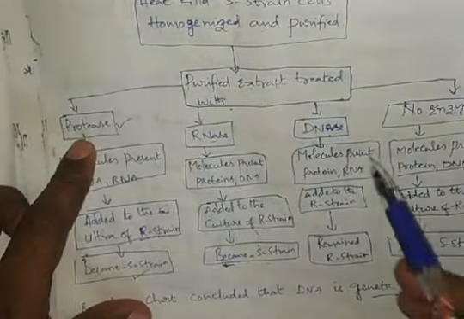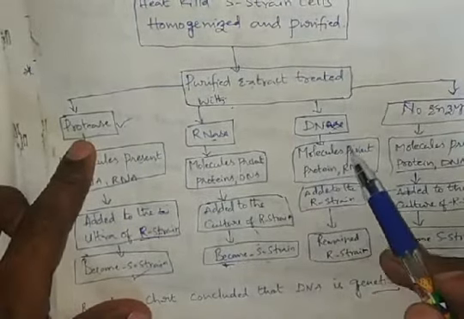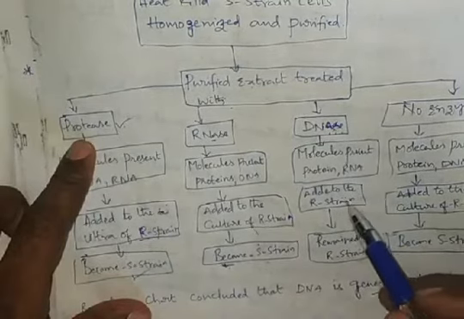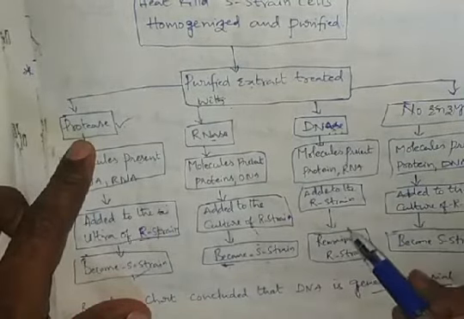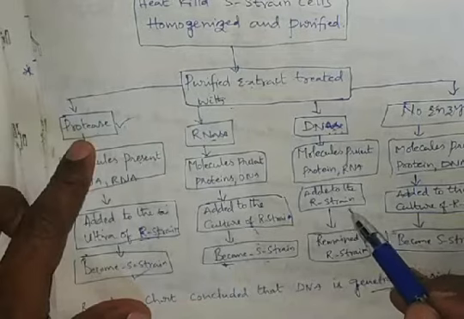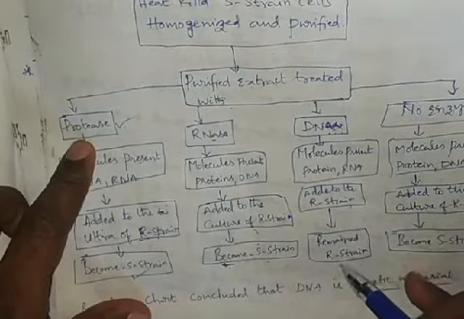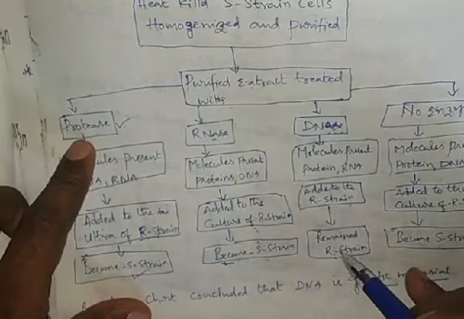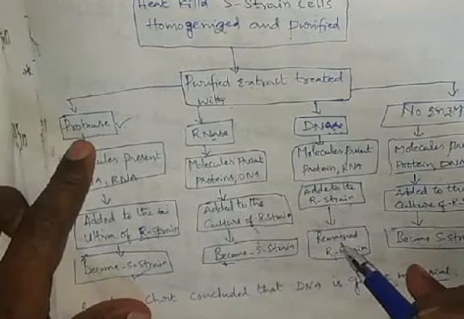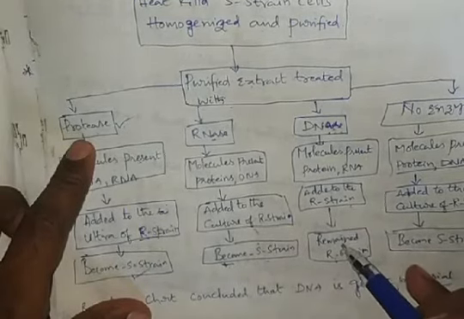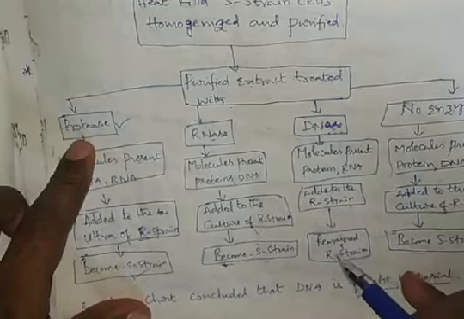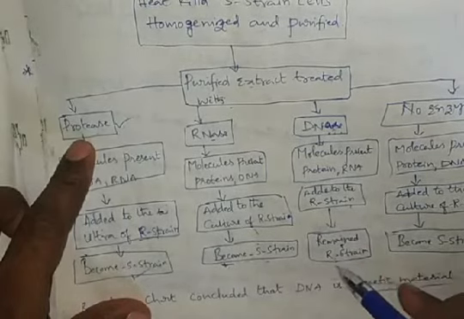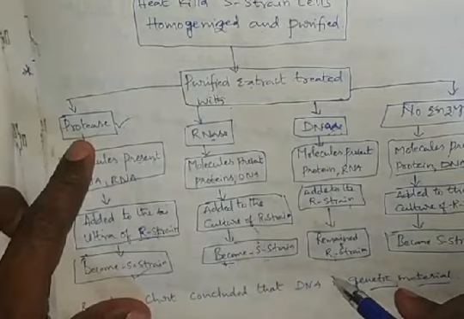And then DNase is used. The DNase digests the DNA present in this mixture. Then the R strain remains R strain only. It is not converted. That means the presence of DNA is required for the transformation of R strain into S strain.